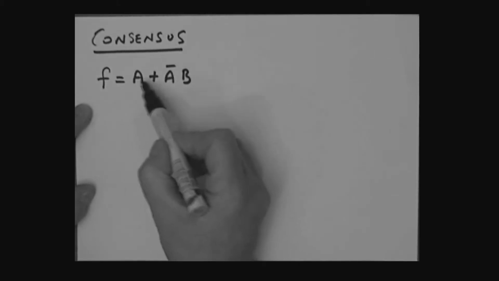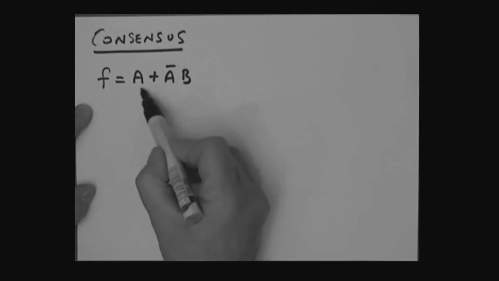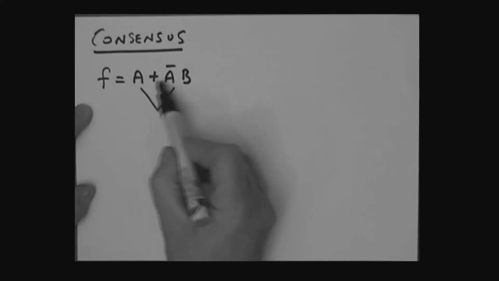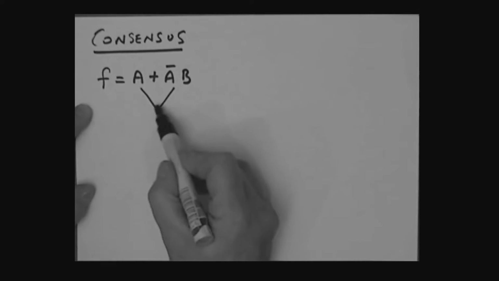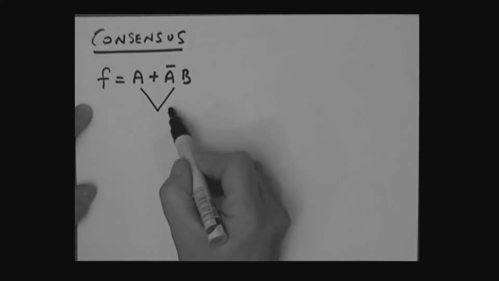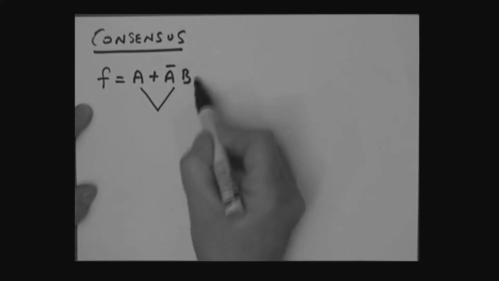So I have A in this term, and I have A bar in this product term here. And so basically I can take the consensus of these two and form what we call an optional product term. That optional product term would be what we have left over here.